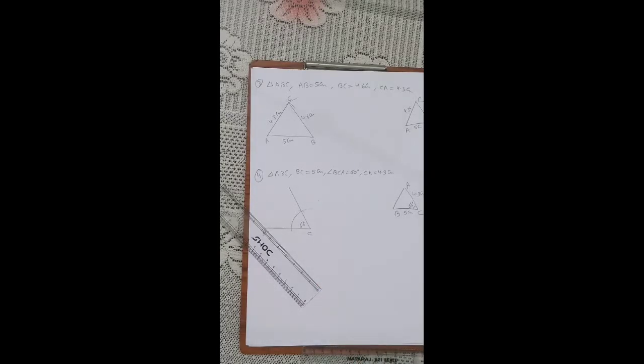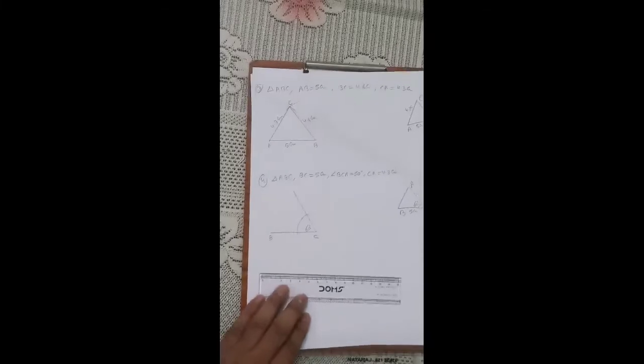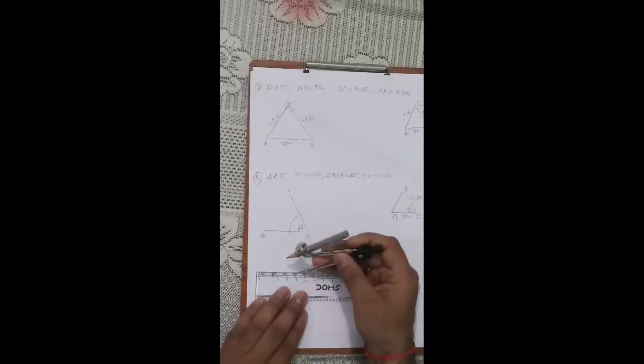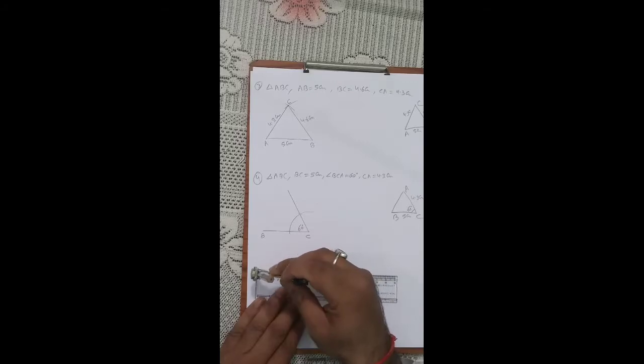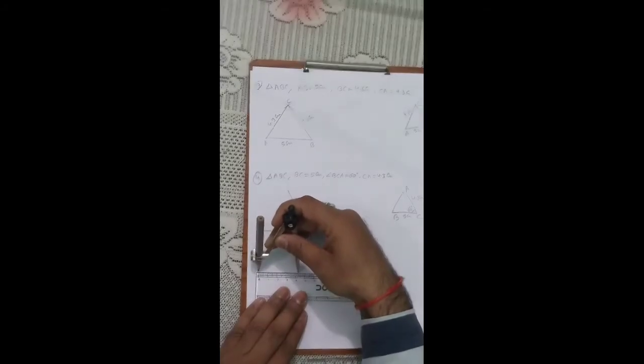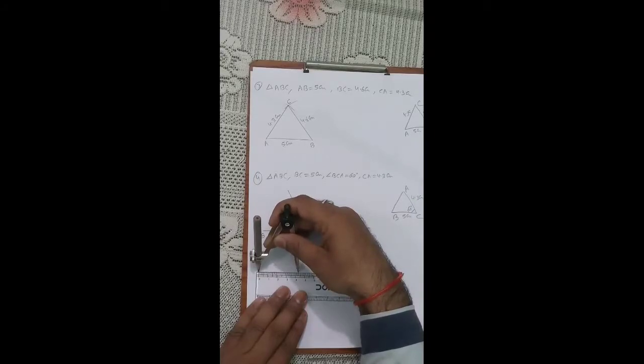Okay, now we have to make CA of 4.3. Again on our scale we will arrange our compass for 4.3. So at 4.3 I have kept my needle and at 0 the pencil. See this one, in this way we will measure 4.3.